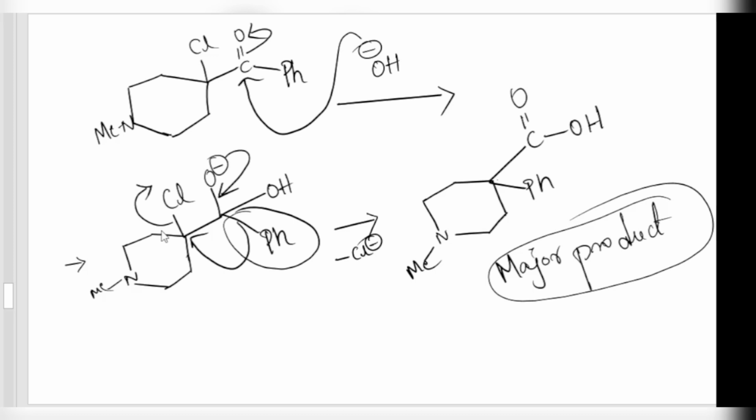This is a different type of example, and suppose I will take another example, that is when a cyclohexanone is there, and over here I will write an allylic bromide, like this particular moiety.